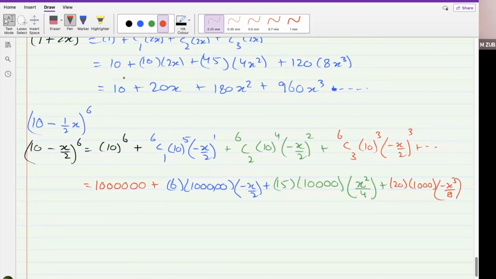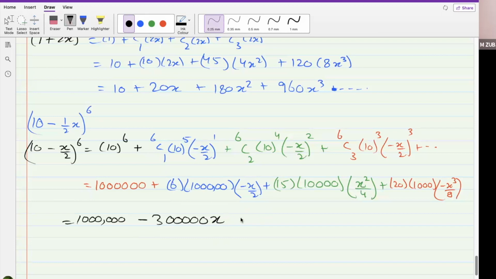And then we simplify all of this. 1 plus 6 times 1 divided by 2, and because of this negative sign, this is negative 3x.